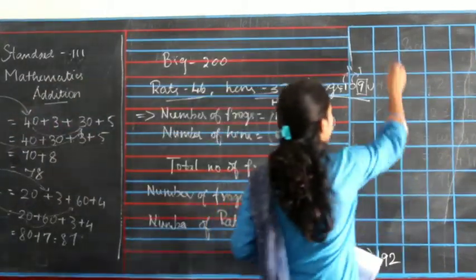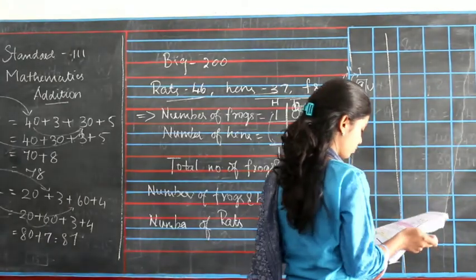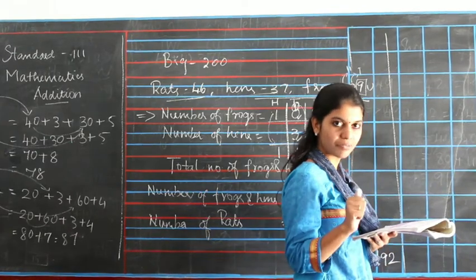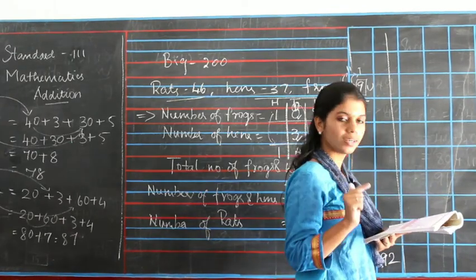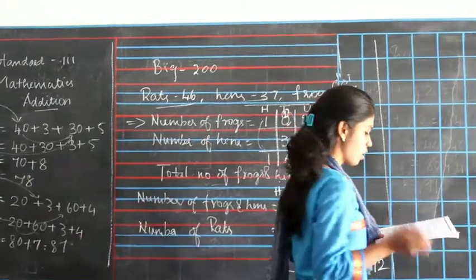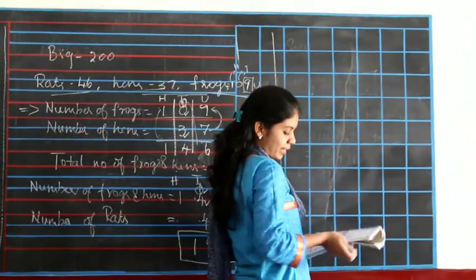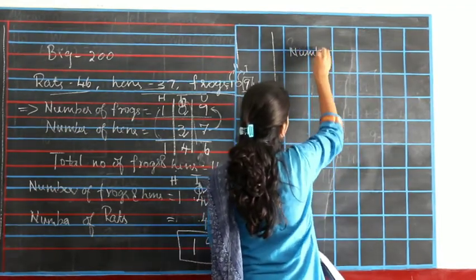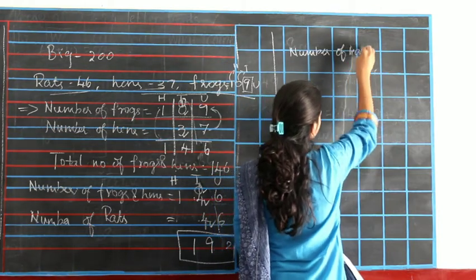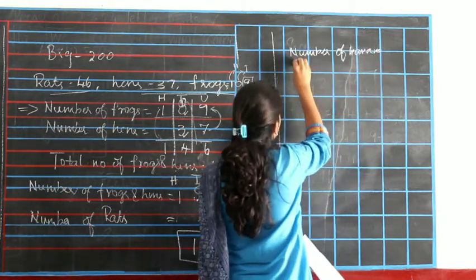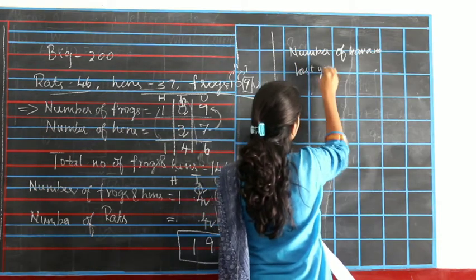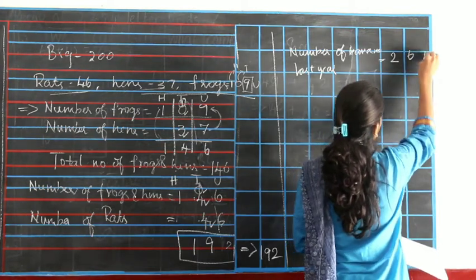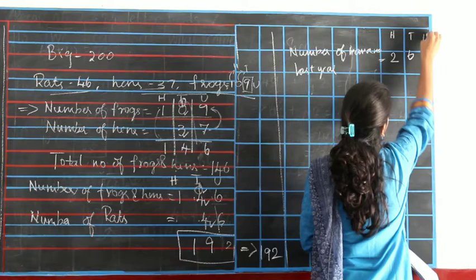Let's solve some more problems. A farmer grew 264 bunches of bananas the previous year and 123 bunches this year. Let's add to find how many bunches of bananas he has grown. The number of bananas last year will be 264, in hundreds, tens and units.